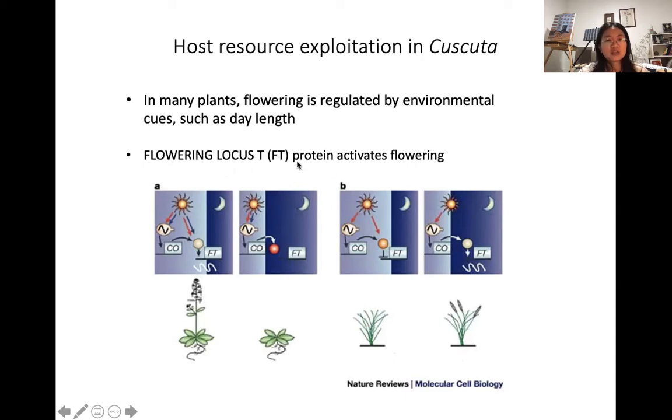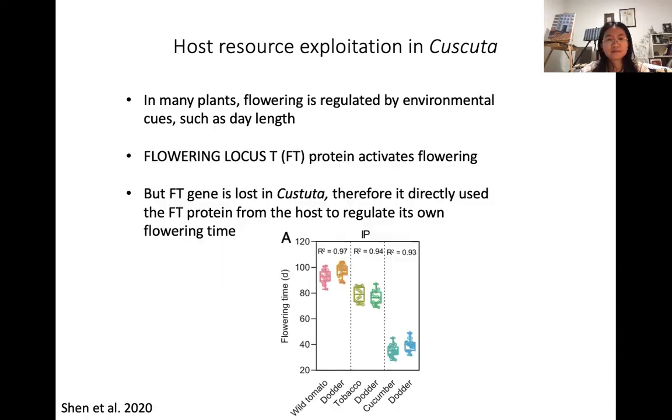So it's a regulatory protein that receives the signal from some light sensing proteins, and then it will also transmit this signal to activate all of those complex programs that plants have to begin the reproductive phase.